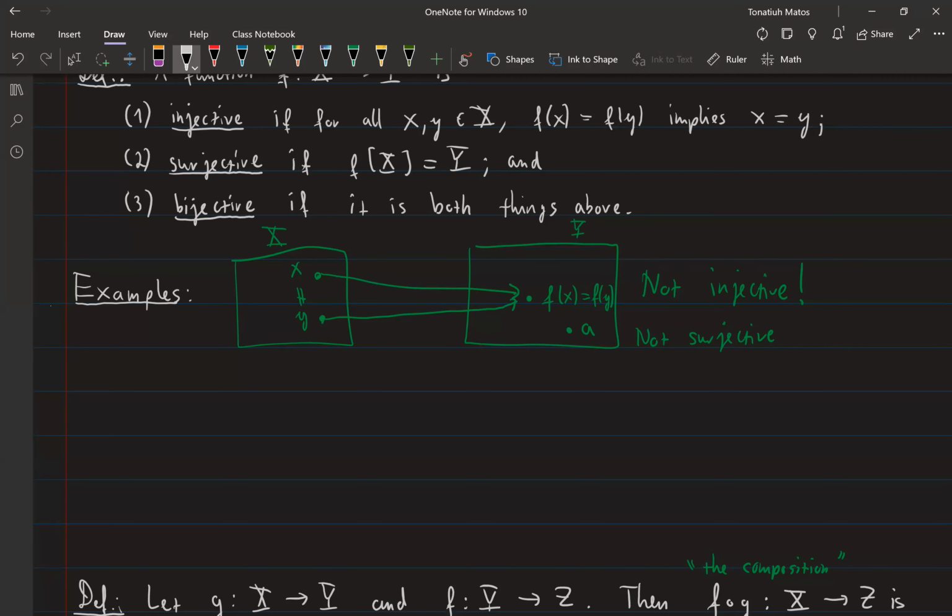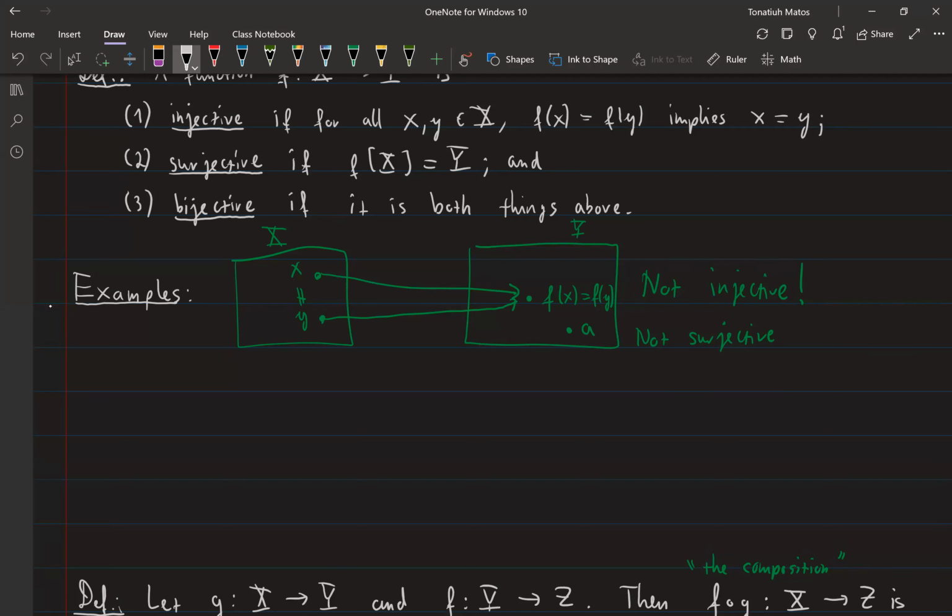of those things. If you want an example of something that is injective, then the identity function that we defined last time is always injective. In fact, it is bijective, right? And if you want an example of something that is injective but not generally bijective, then the inclusion mapping that we defined last time satisfies this as long as you have a proper subset, right? Maybe I should write this down.